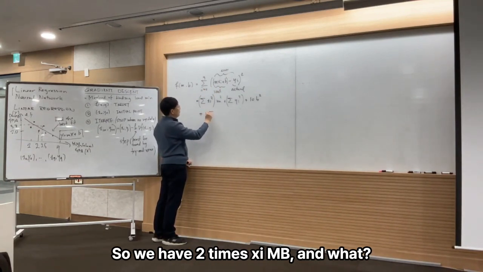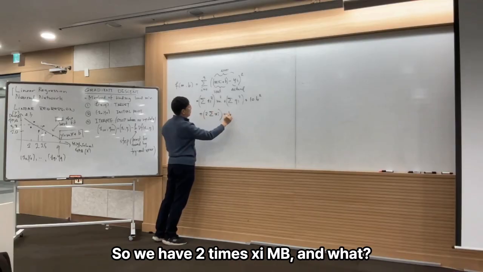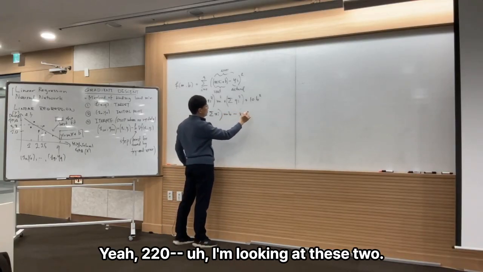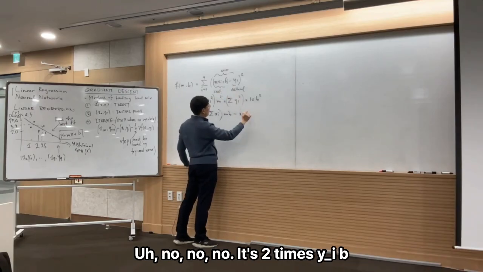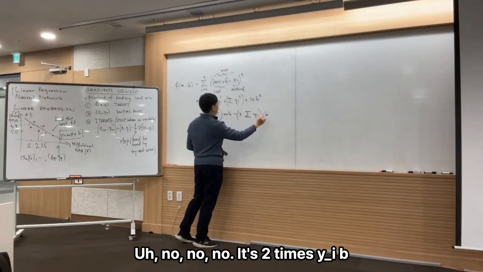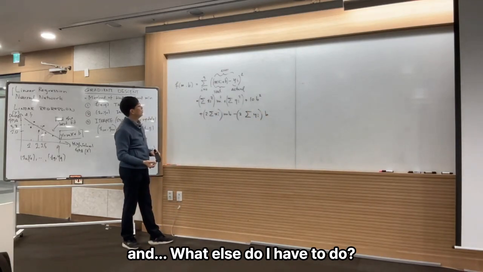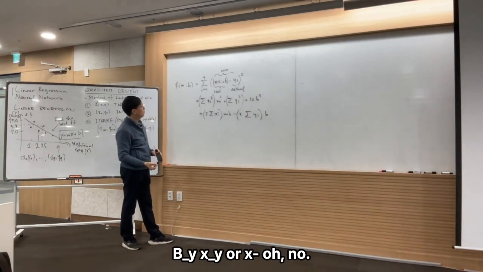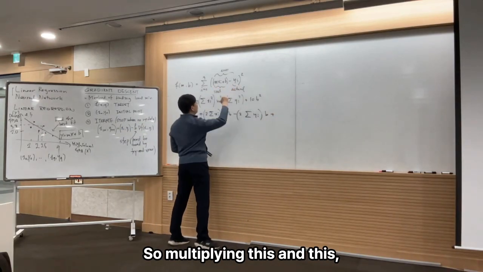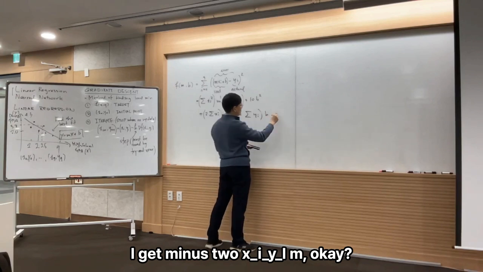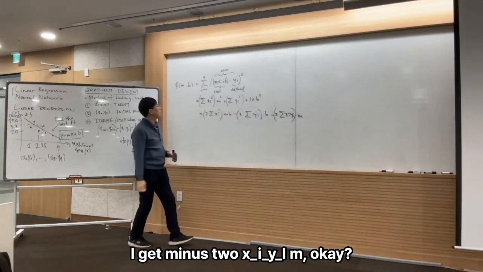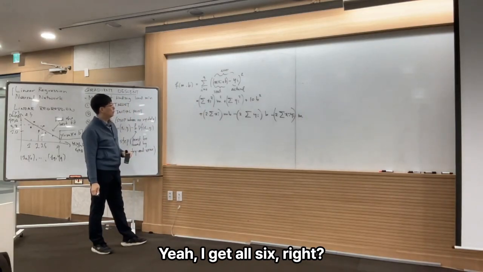So we have 2 times xi mb, and 2 times yi b, and multiplying this and this, I get minus 2 xi yi m. Okay, so do I get all 6? Yeah, I get all 6, right?